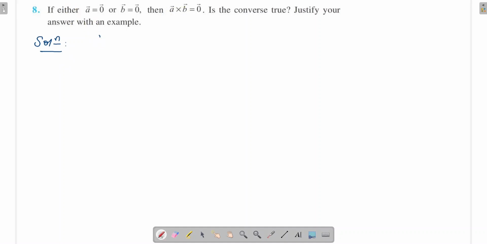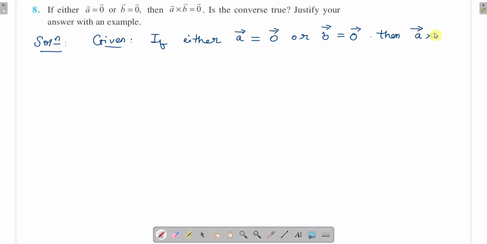This statement is given to us, so we can write given: if either a bar is equal to 0 bar or b bar is equal to 0 bar, then a bar cross product b bar is equal to the 0 bar.